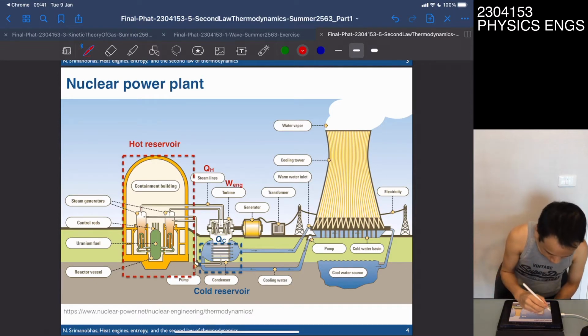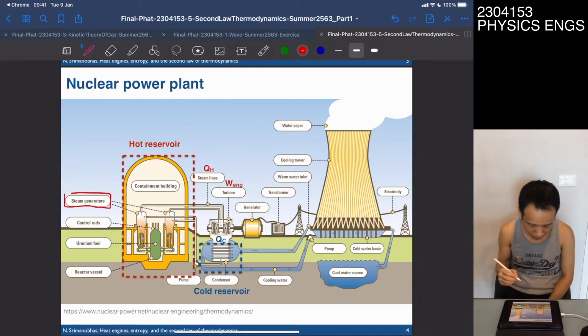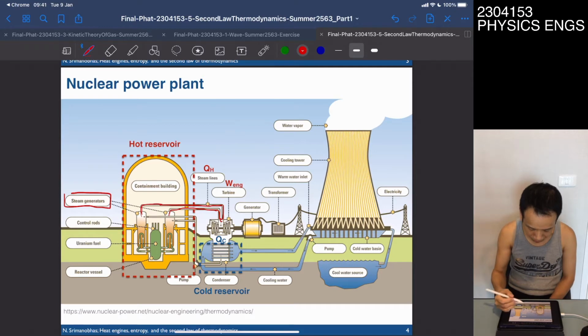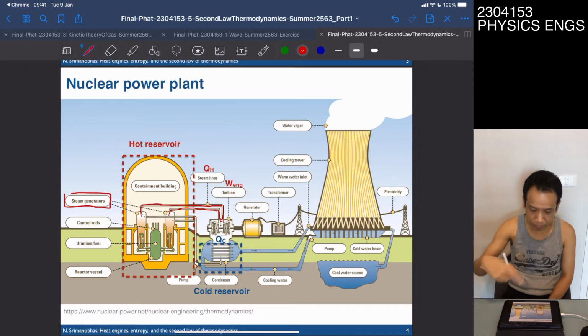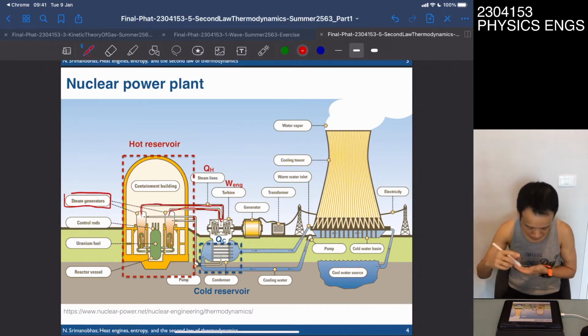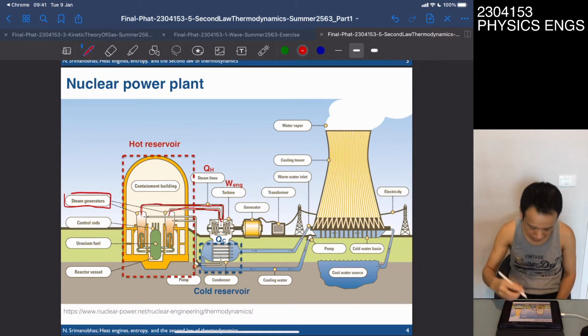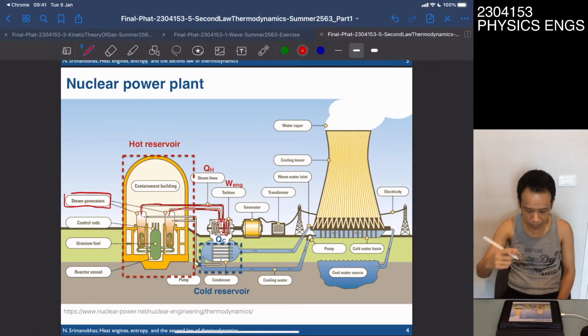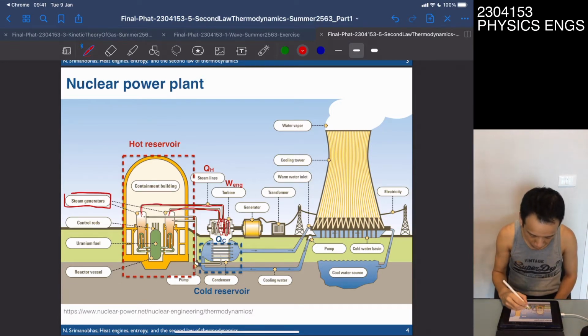There are what we call the steam generators. The steam goes through the pipeline to turn the turbines. When the turbines move, they send energy to the generators, which produce the electricity. So this is the work output.